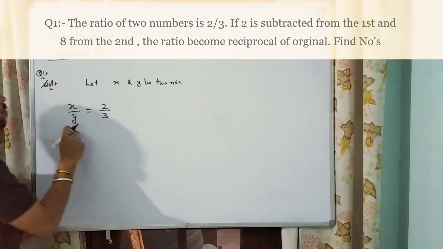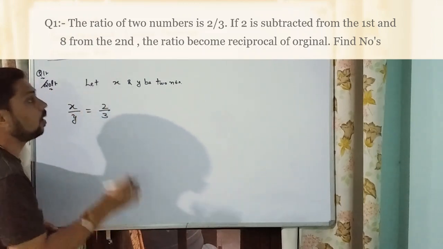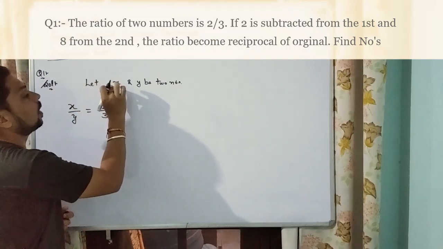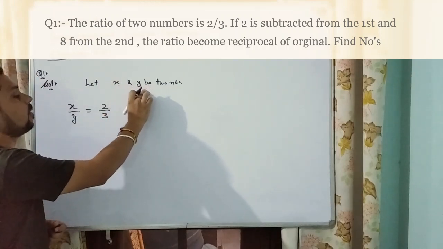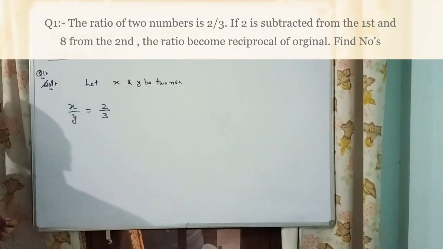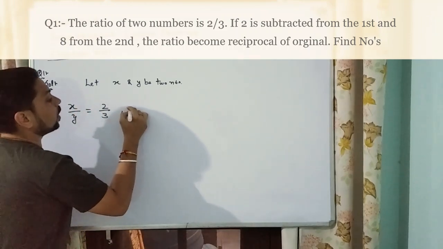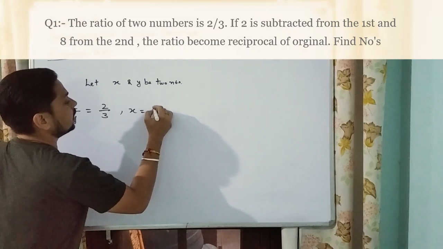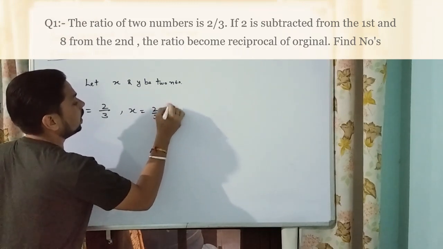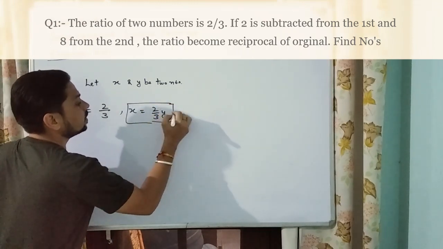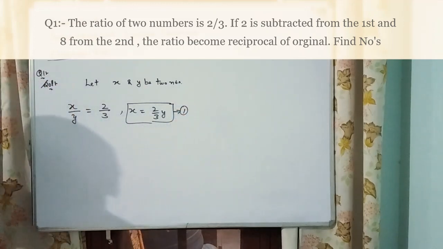We do not have the numbers, but we suppose the two numbers be x and y, and the ratio of the two numbers is 2:3. Solving this, you get x is equal to 2/3 y. Make this equation 1.